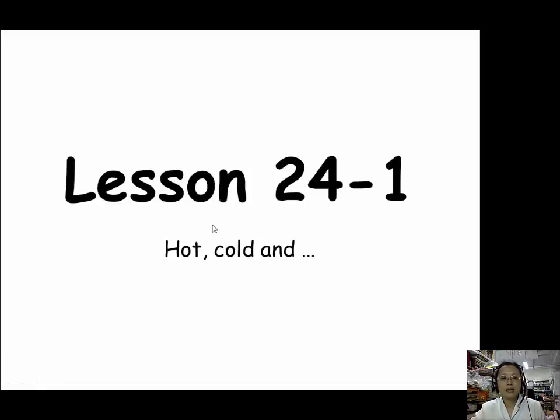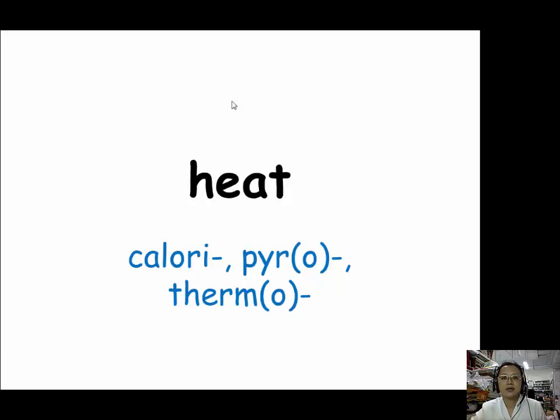We are going to learn prefixes and suffixes that are related to temperatures and also other things. When we want to describe things that are related to heat, we use one of these three prefixes: calori, pyro, or thermo.